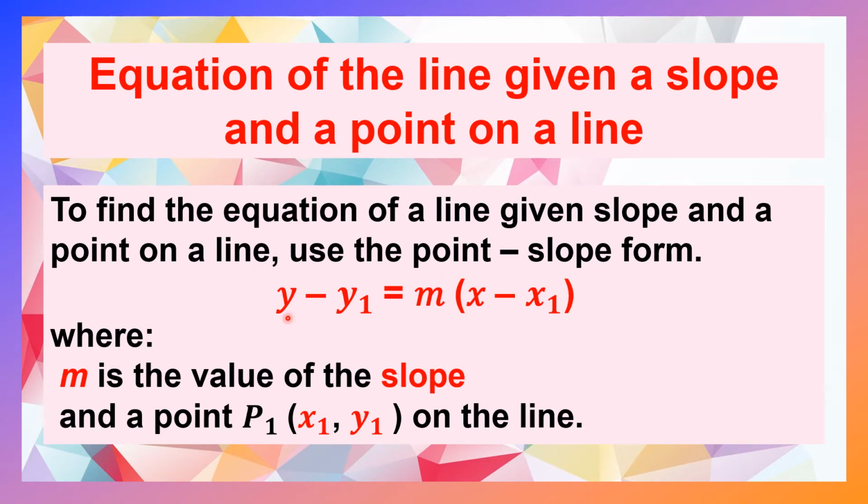Ito yung y minus y sub 1 equals m times the quantity x minus x sub 1. Yung m dito ay ang ating slope. Yung x and y are the two variables. At yung x sub 1 at y sub 1 ay siya yung ating point on the line.